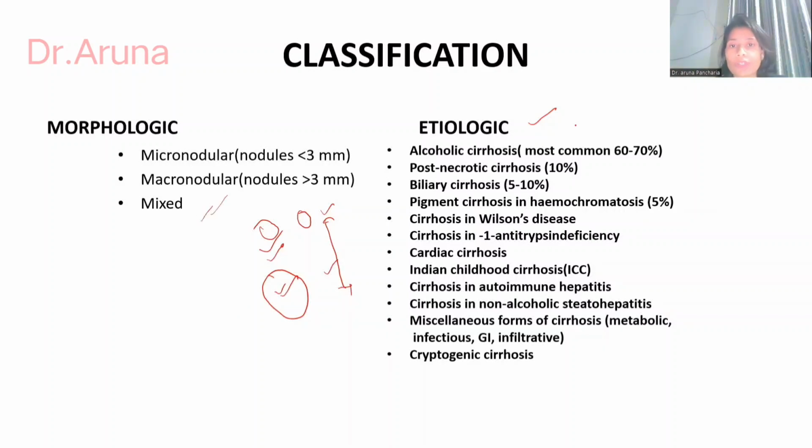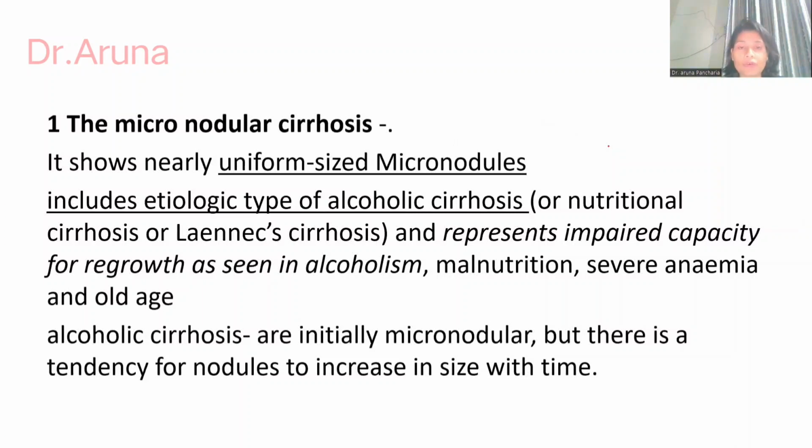On the basis of the etiology, cirrhosis is classified as alcoholic cirrhosis, post-necrotic cirrhosis, biliary cirrhosis, cardiac cirrhosis, and likewise. Micronodular cirrhosis is seen in the alcoholic type of cirrhosis. The important thing is they are uniform size nodules, and they are micronodules because they represent the impaired capacity for regrowth, as it is seen in malnutrition or severe anemia and in old age.